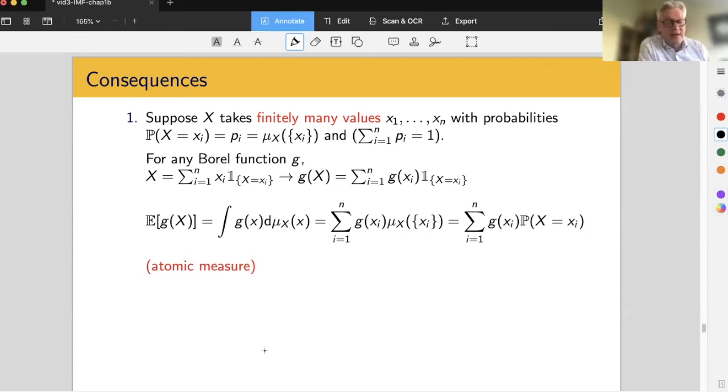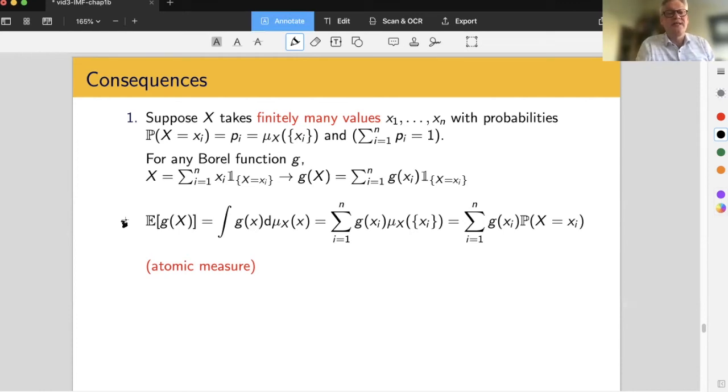Now taking the expected value, E[g(X)] is the integral of g(x) dμ_X(x), and that is the sum of i = 1 to n of g(xi) times μ_X at xi, this atomic measure. And finally, this is, of course, the sum of i = 1 to n of g(xi) times the probability that X is equal to xi.